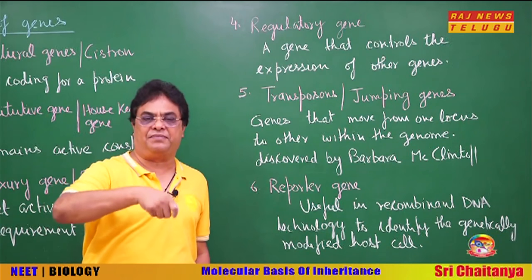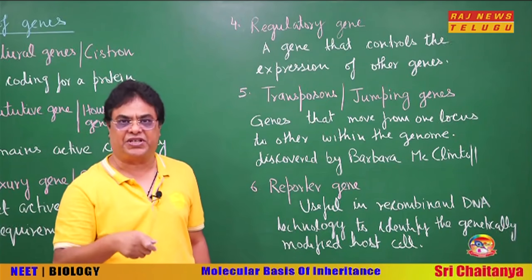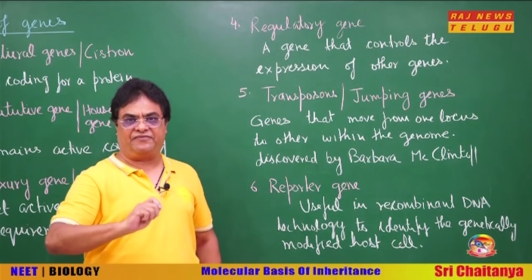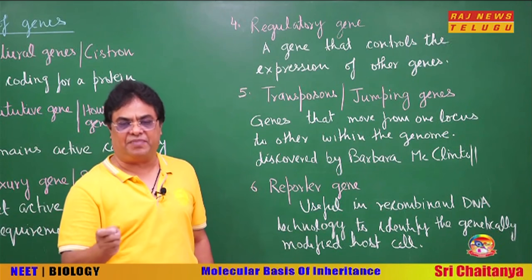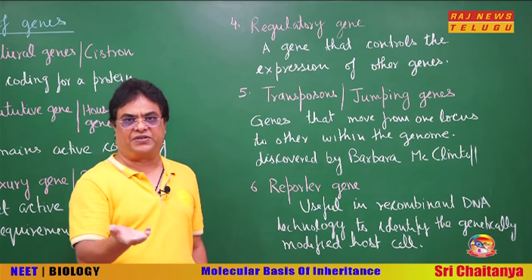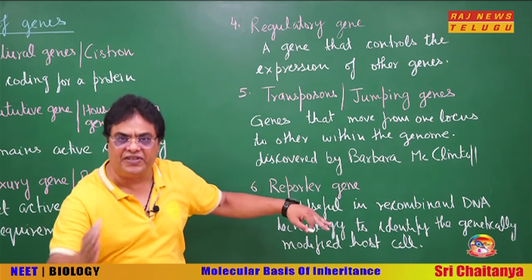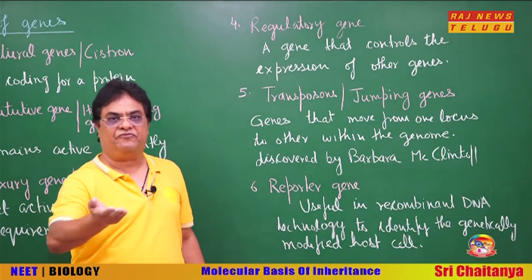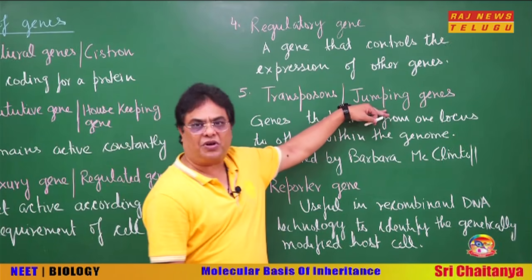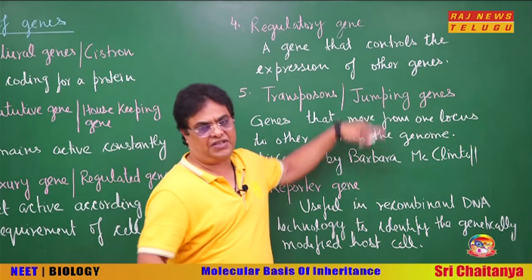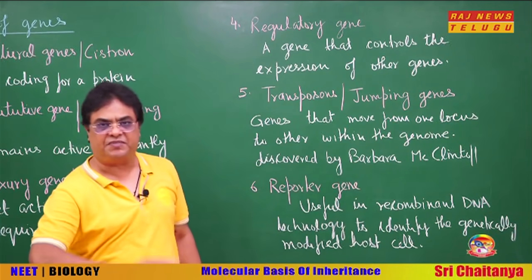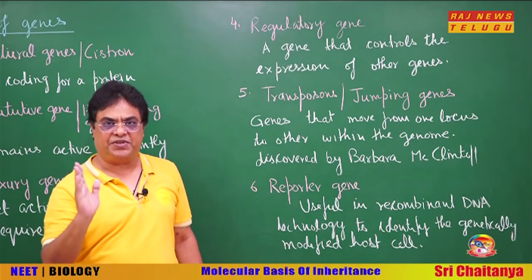They do not always remain positioned at a fixed position. They can move either within the same chromosome from one place to the other, or even from one chromosome to the other. So, that is why we have said that they move within the genome. Since they move within the genome, they are also called jumping genes, or transposable elements, because they keep on changing their position.